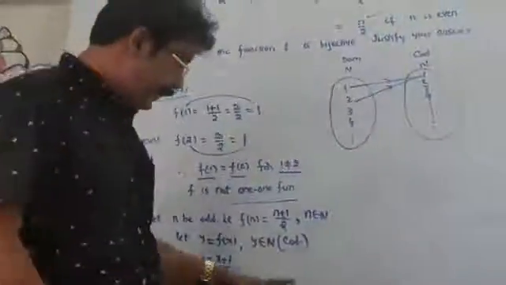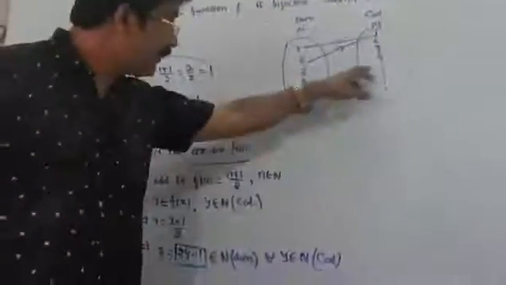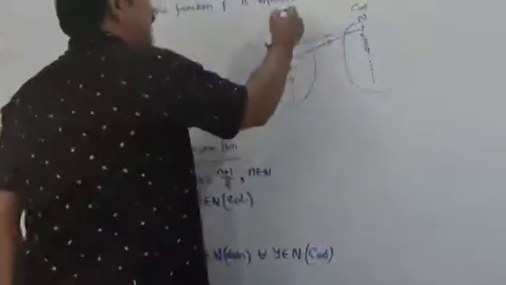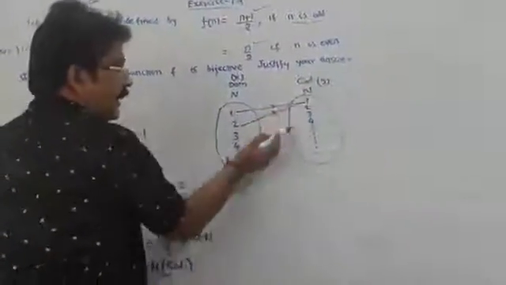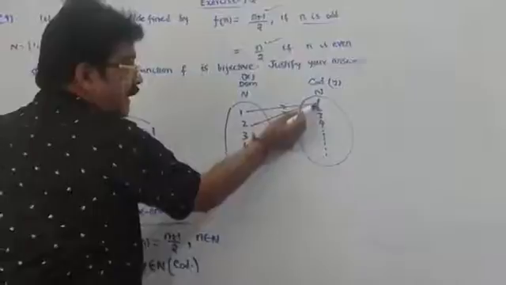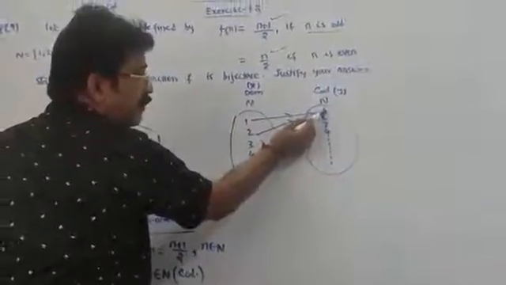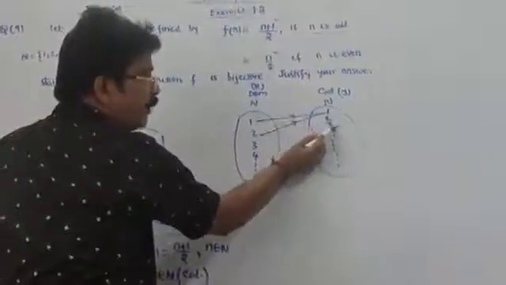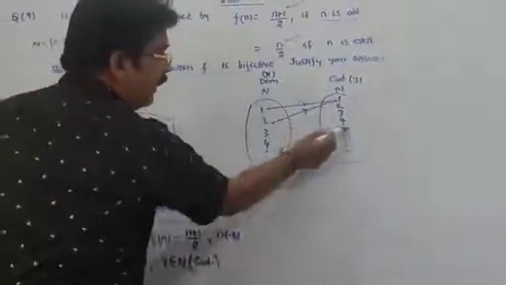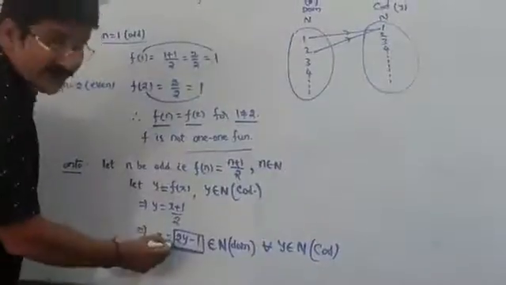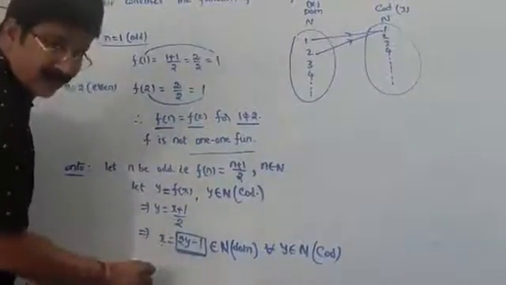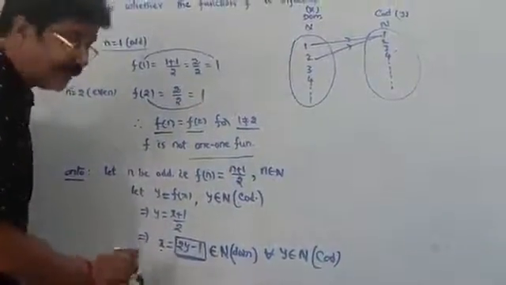Take y from here, it is a set of x values, and y is a set of y values. I am asking that you can take any 1, 2, 3. Instead of y, put y equal to 1, y equal to 2, y equal to 3, y equal to 4, y equal to 5, and so on, just like that. Here, are you getting again natural number? It is the question. Let us verify.